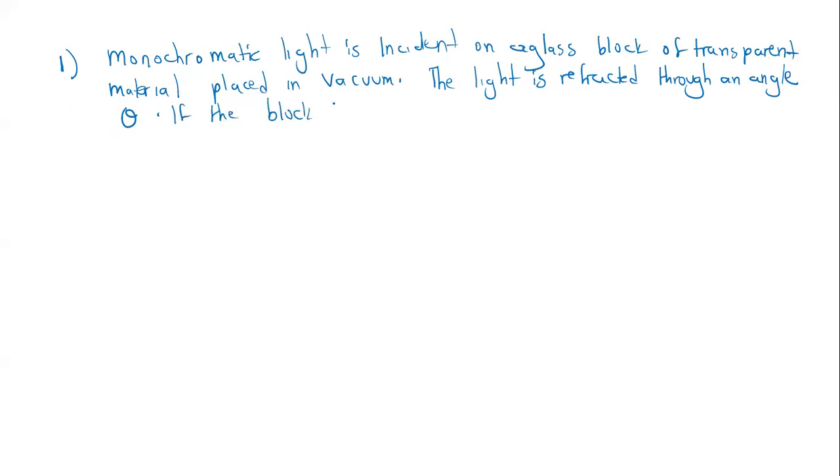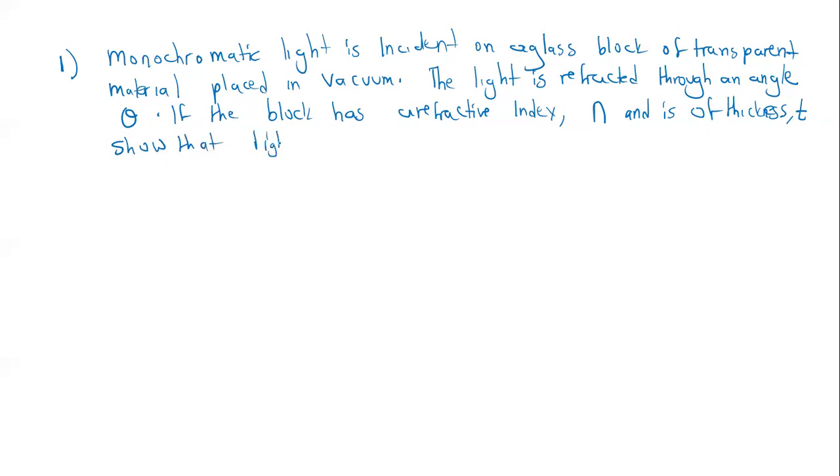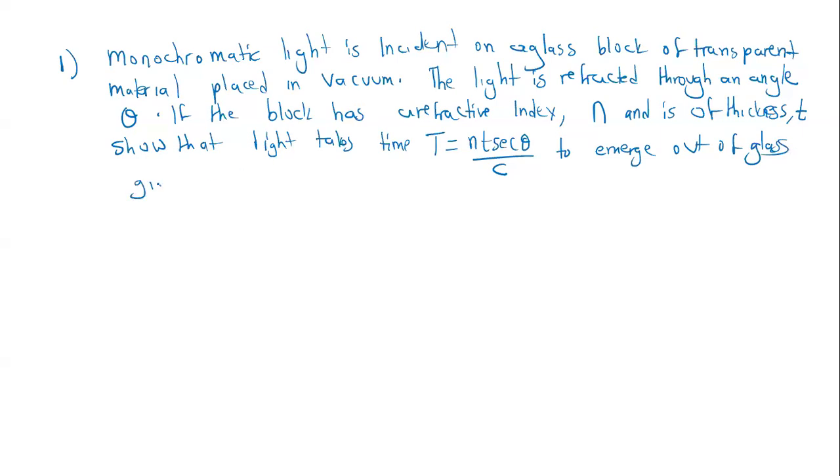If the block has a refractive index n and is of thickness T, show that light takes time t equal to nT sec theta out of C to emerge out of glass, given that C is the speed of light in vacuum.